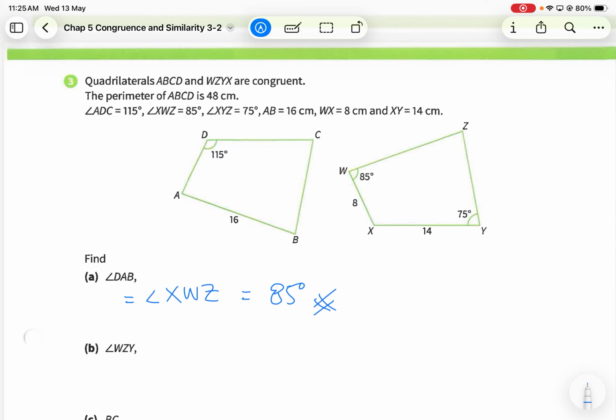WZY. WZY corresponds to ABC. Okay, so actually they want this angle.